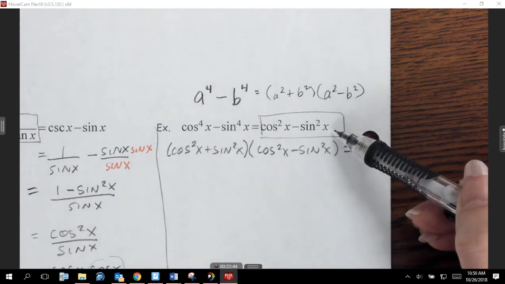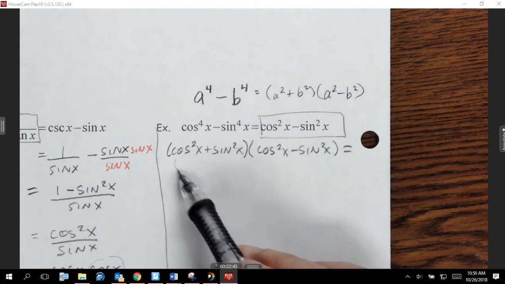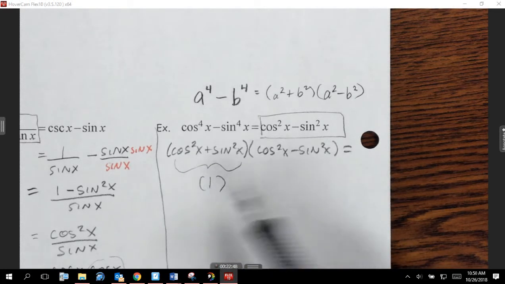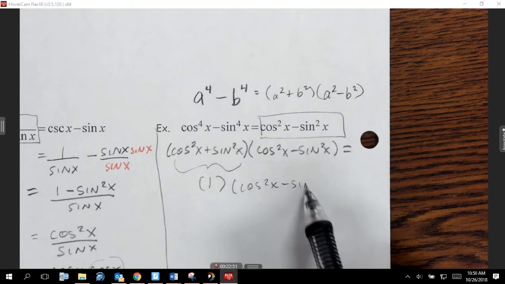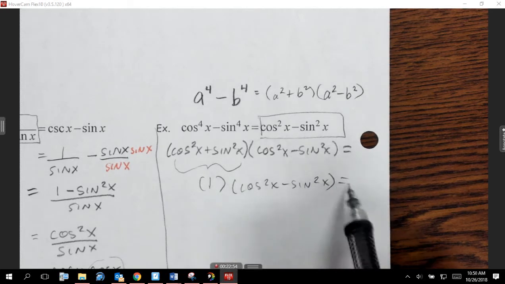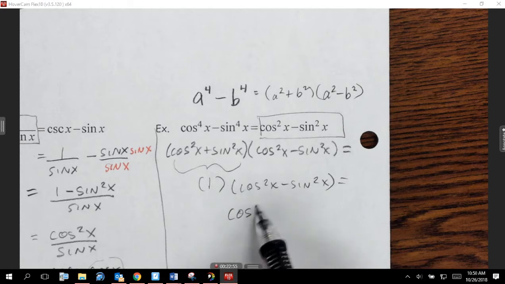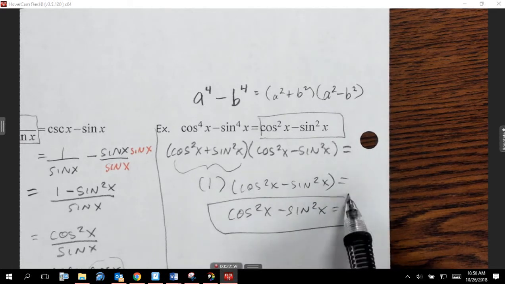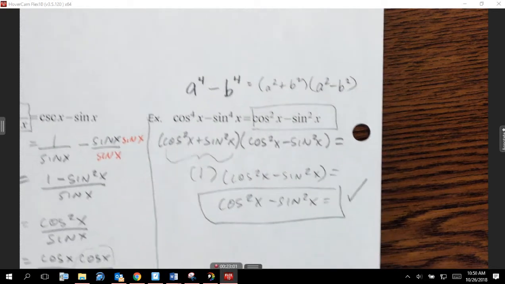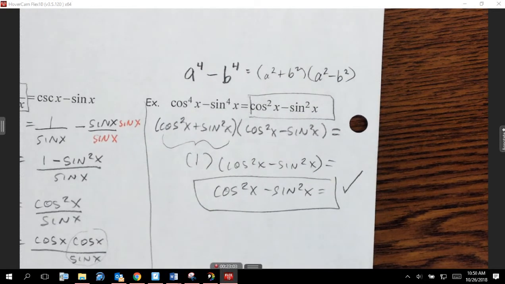Cosine squared x plus sine squared x is 1, right? And then I'm done: cosine squared x minus sine squared x. That one looks really complicated, but it was only really one or two steps.